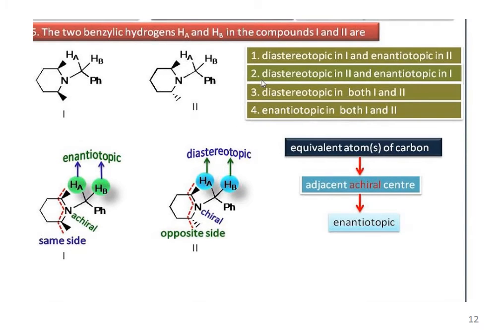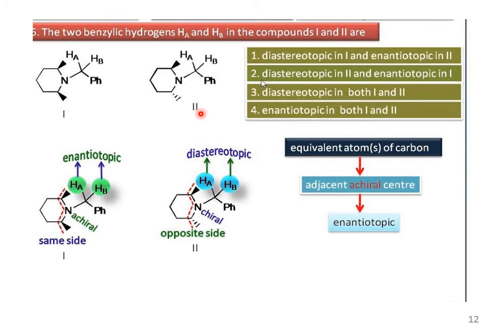These are the two benzylic hydrogens HA and HB in compounds like this, and this is the second structure. Now you can determine whether the two protons are homotopic, enantiotopic, or diastereotopic.